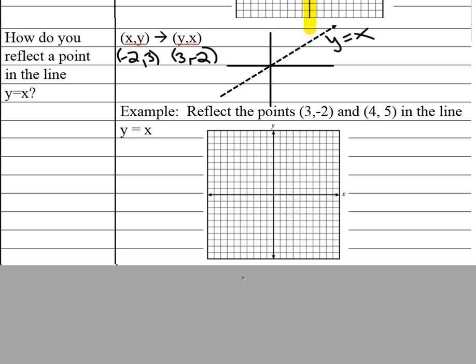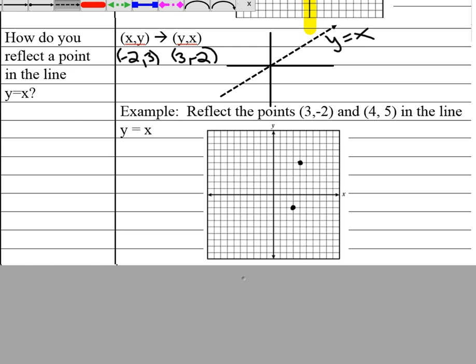Okay, so let's see this in an example. We're going to reflect the points 3, -2, so 1, 2, 3, down 2, and the point 4, 5 in the line y = x. So let's plot 4, 5. 1, 2, 3, 4. 1, 2, 3, 4, 5.